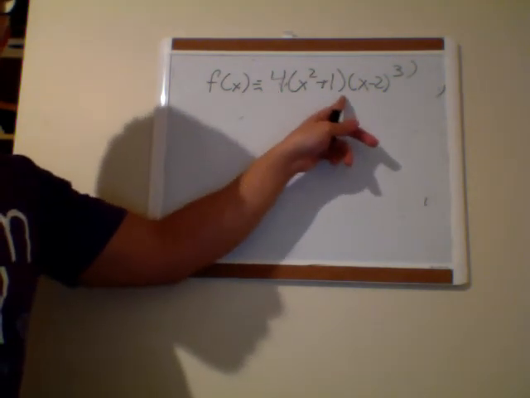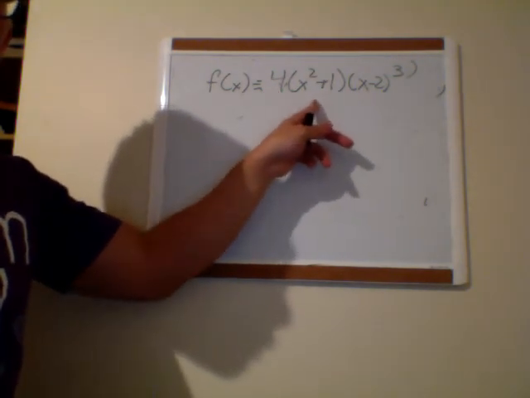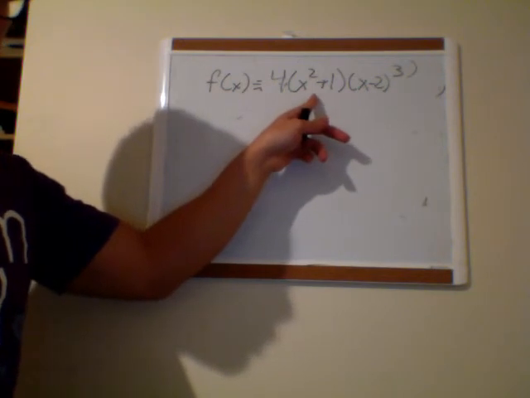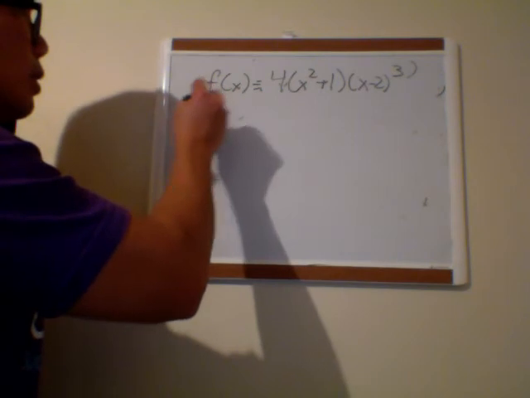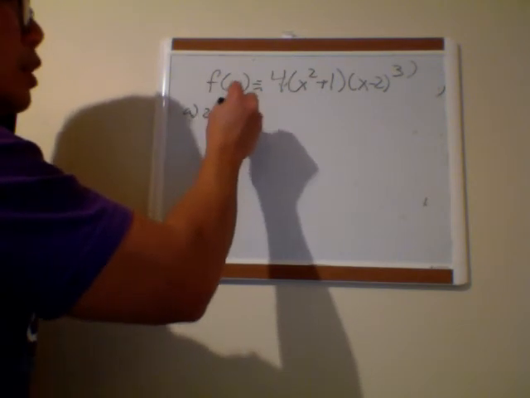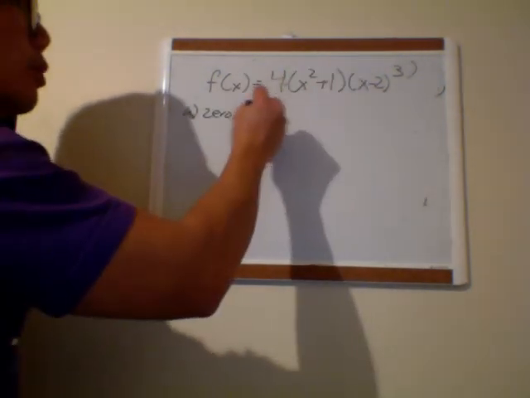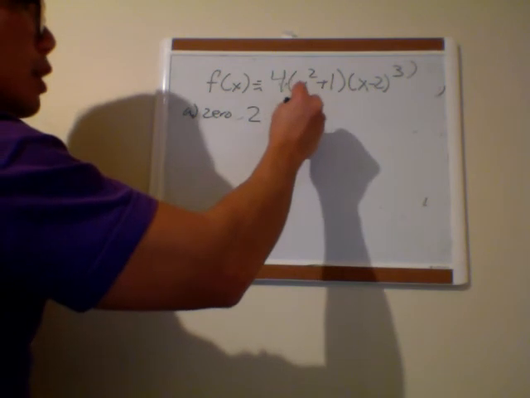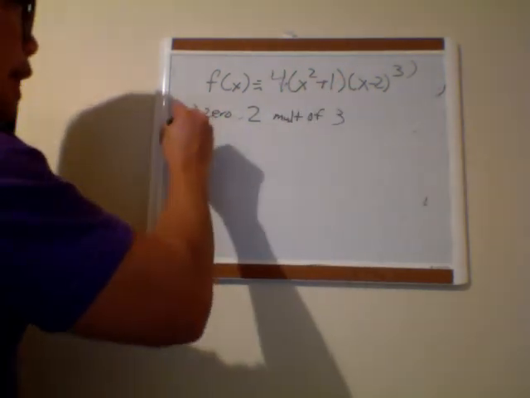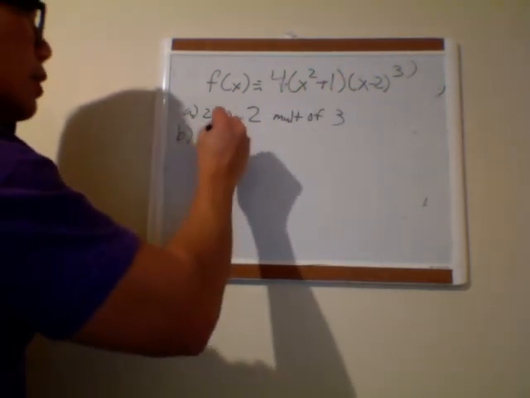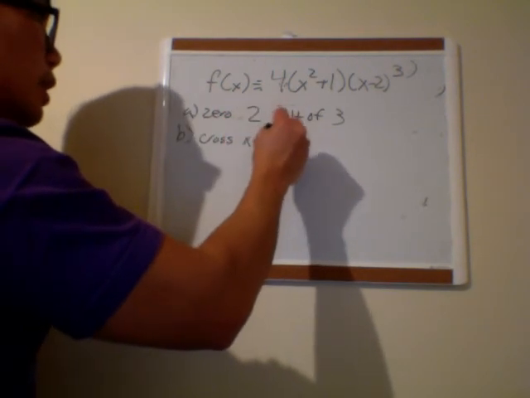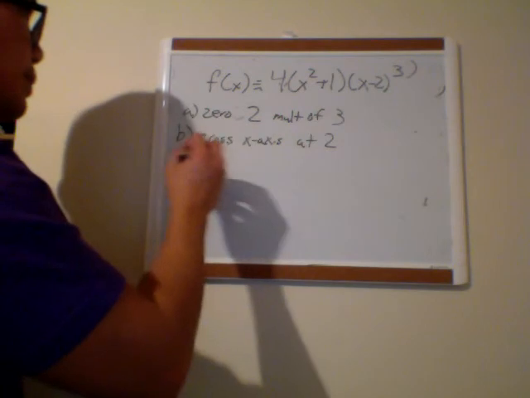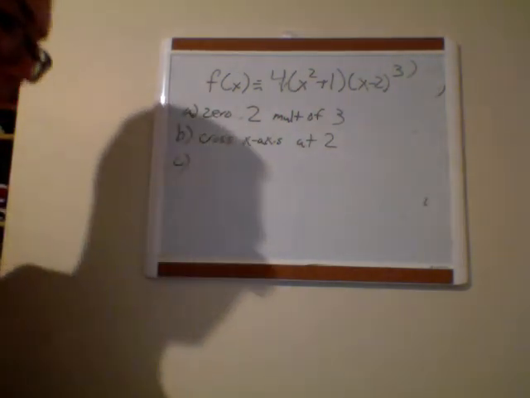X squared plus 1 is equal to 0. There will never be a 0 here, right? Because I can't take the square root of a negative number. So my only 0 is 2, and it has a multiplicity of 3. And I know that I'm going to cross the x-axis at 2.